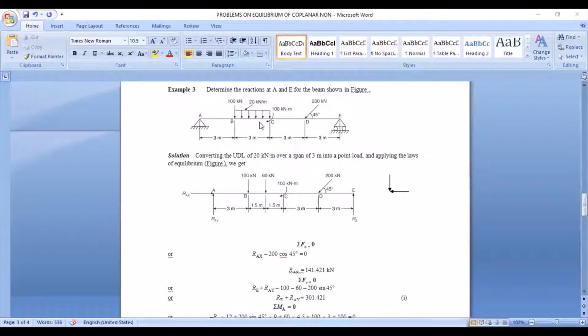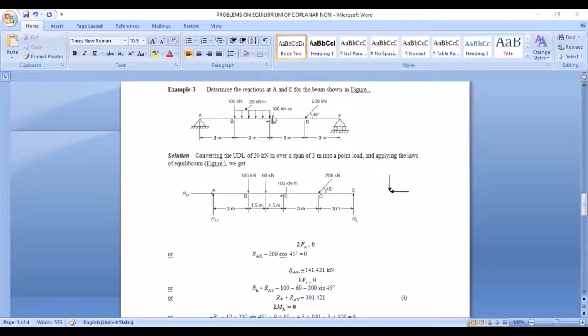Now, coming to the actions, that is external loads which are acting on the beam. We can see that we have a vertical load of 100 kilonewton acting at point B. You should be very meticulous while identifying the loads which are acting on the beam, because any load you miss, you will finally end up with wrong results. At point B we have a concentrated load of 100 kilonewton.